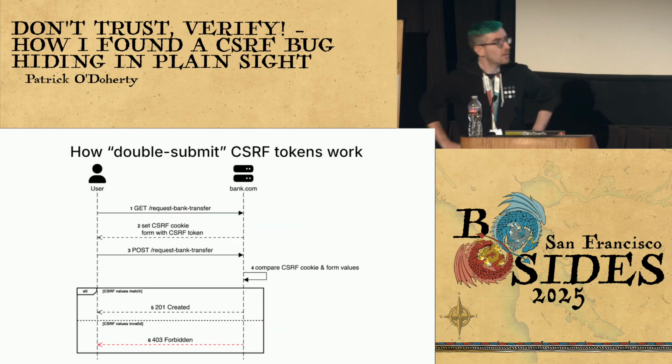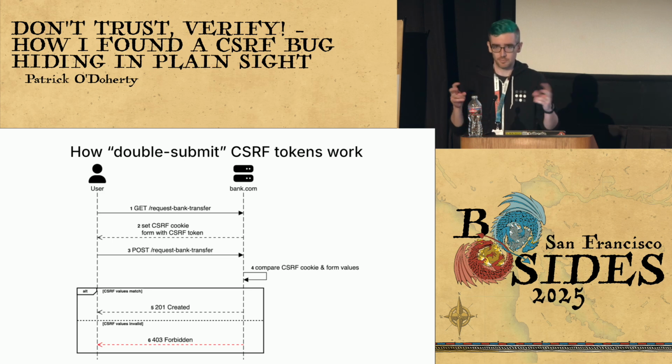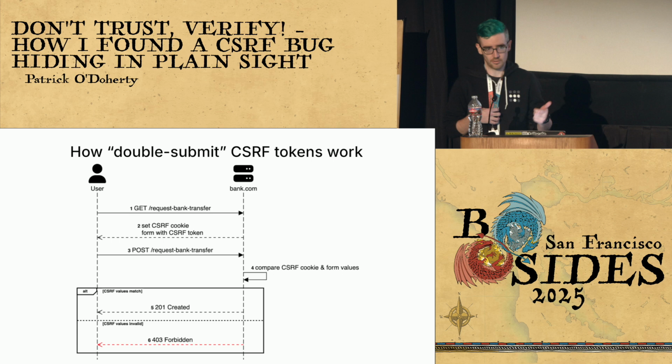So one of the common patterns in defense against this is known as the double submit pattern, and it works where the server, bank.com, for each new visitor, generates a random secure value known only to the server and to this user, and it sets that value as a token, and it also includes that value as a form hidden input for every form that is rendered for the user when they visit a page.